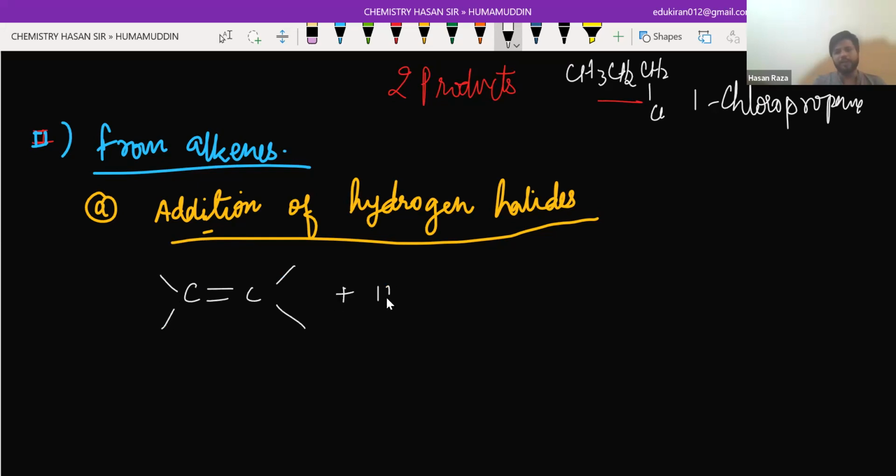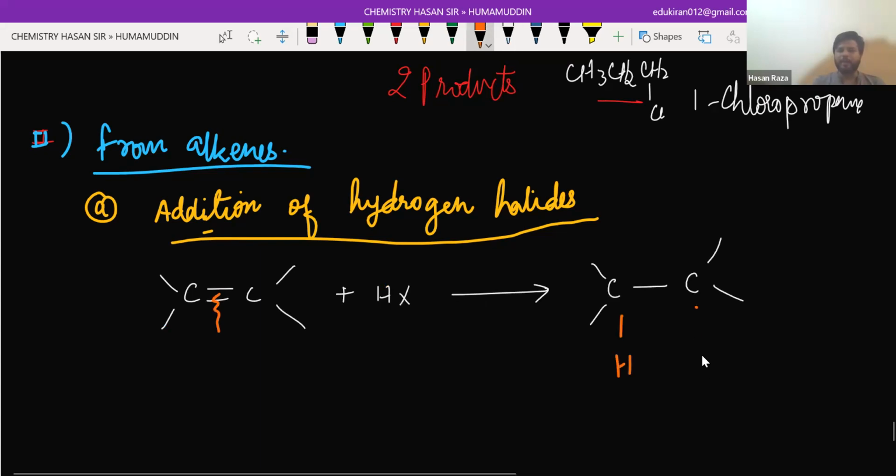And if there is HX, then this bond will be broken and hydrogen will be attached, and X will be attached at any one of the carbons. Either X will attach on the left or right, because this alkene is symmetrical.